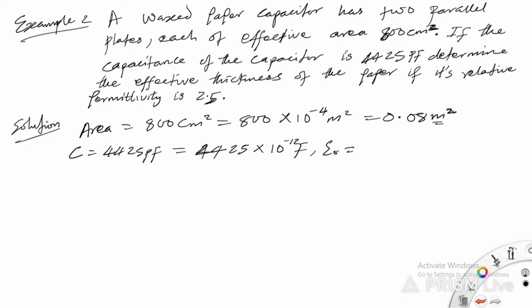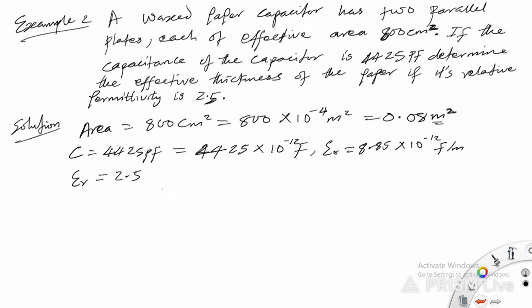And then our permittivity of free space is 8.85, as always stated, times 10 raised to the power minus 12 farads per meter. And lastly, our relative permittivity is 2.5.